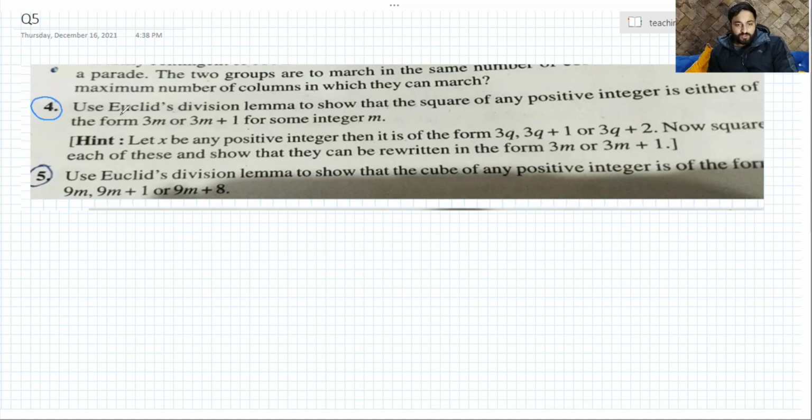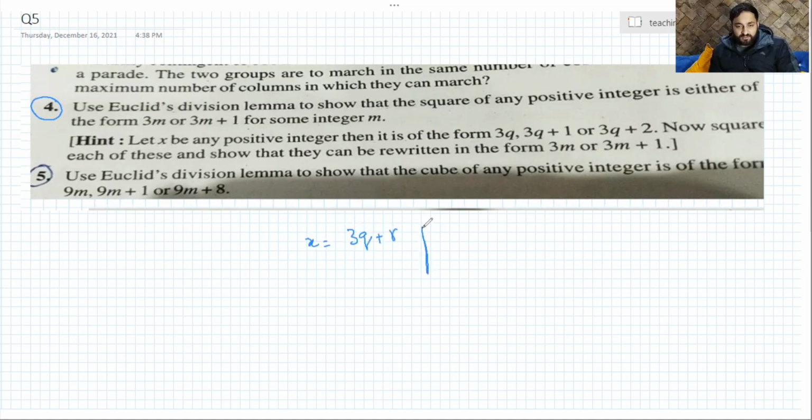Use Euclid's division lemma to show that square of any positive integer is either of the form 3m or 3m plus 1. Let us suppose that any integer can be represented in the form of 3q plus r.